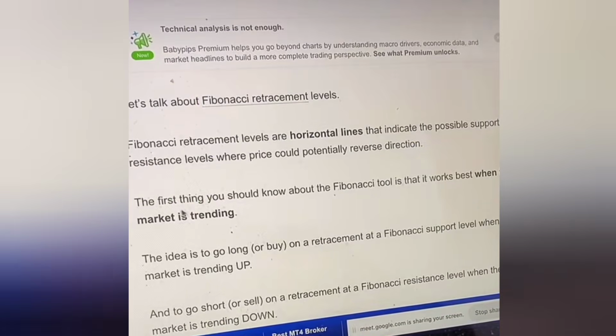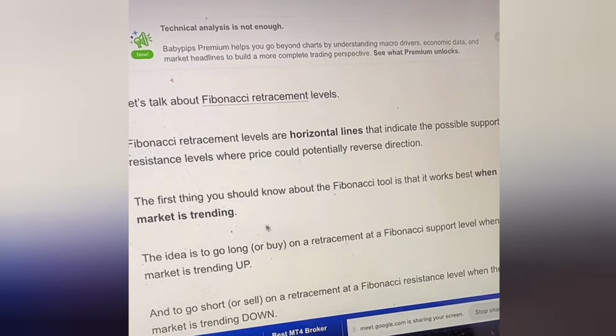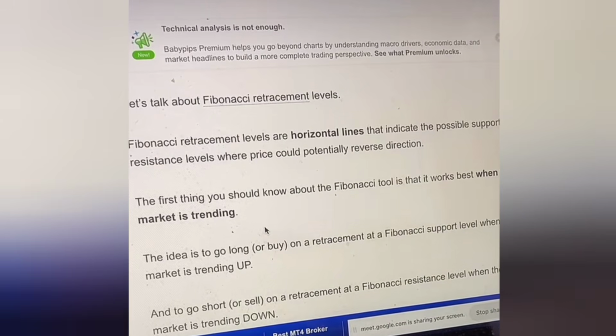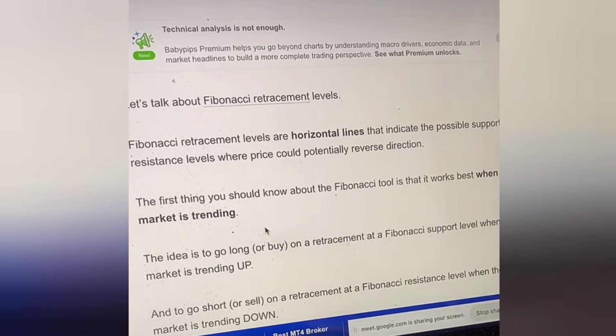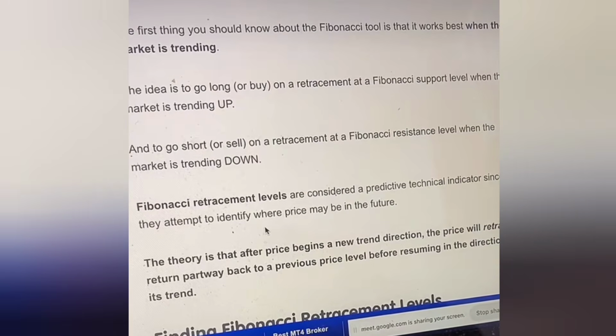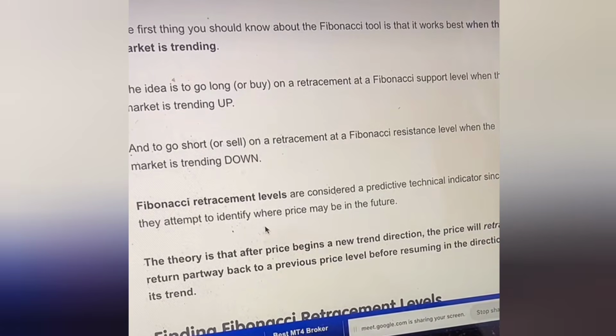So let's read the book and continue. The first thing you should know about Fibonacci is that it works when the market is what? Trending. When it's going up or coming down, not in a sideways market. Not when the market is in sideways. The idea is to go long, which is to buy.